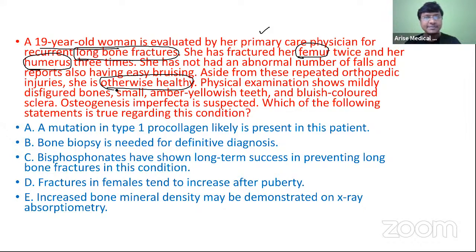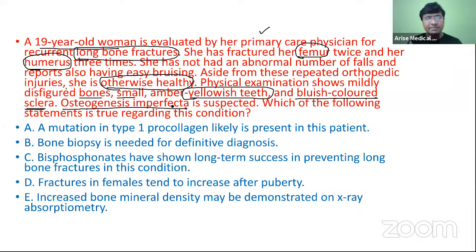Physical examination shows mildly disfigured bones, small amber yellowish teeth, bluish colored sclera. Based on these findings, you have come to the conclusion that this patient is suffering with osteogenesis imperfecta.